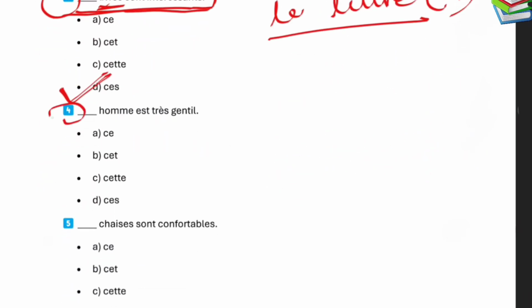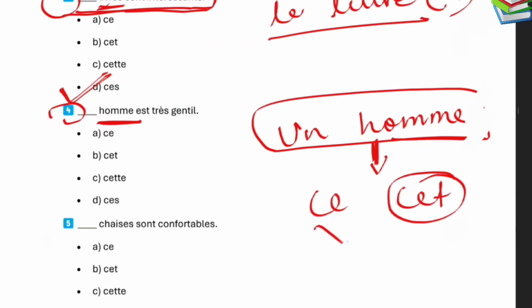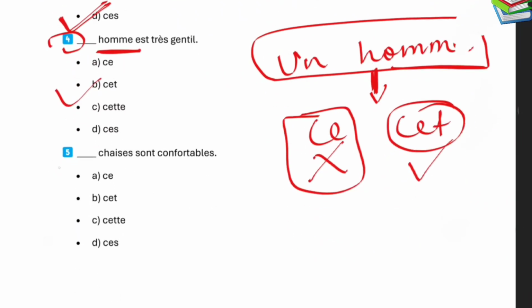Fourth one. Okay, again. I told you that we say un homme. We say un homme, but again, H is silent. So in place of ce, we will use cet and not ce. Okay, so cet homme.